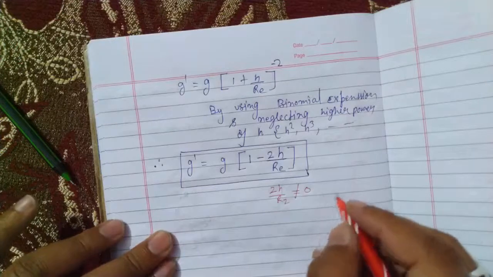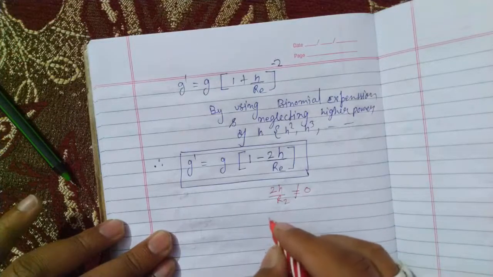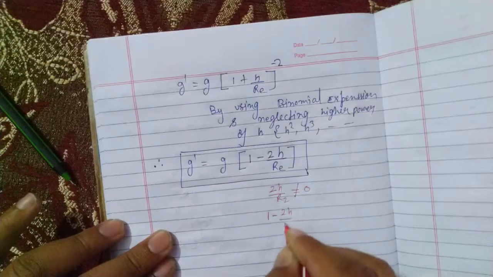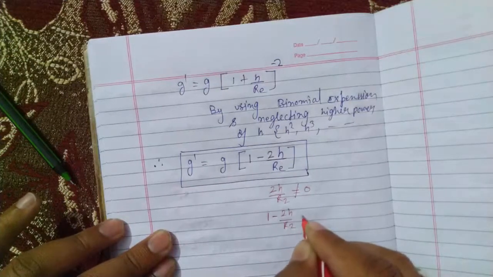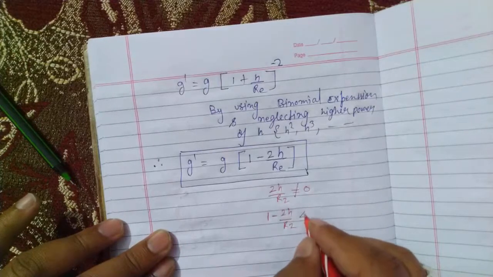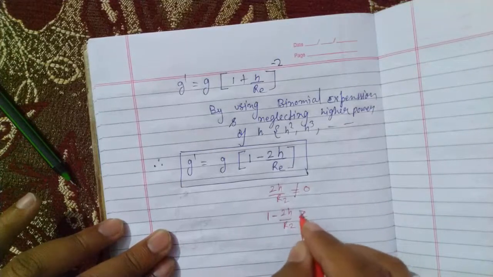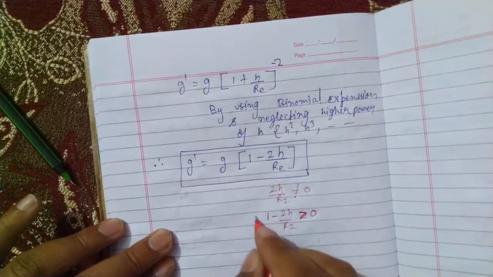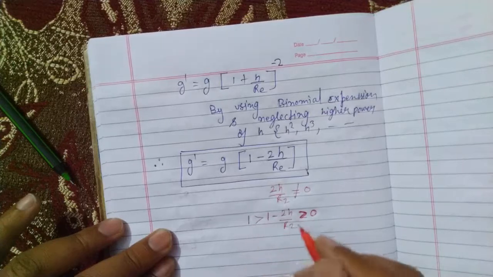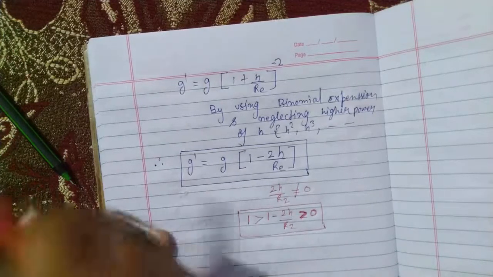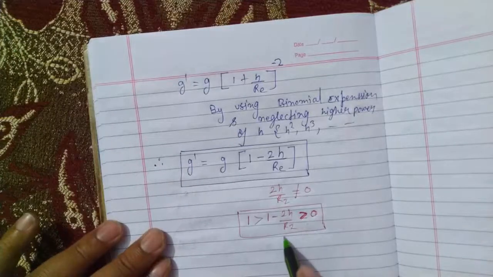Therefore, 1 minus 2h upon RE is greater than 0 but less than 1.